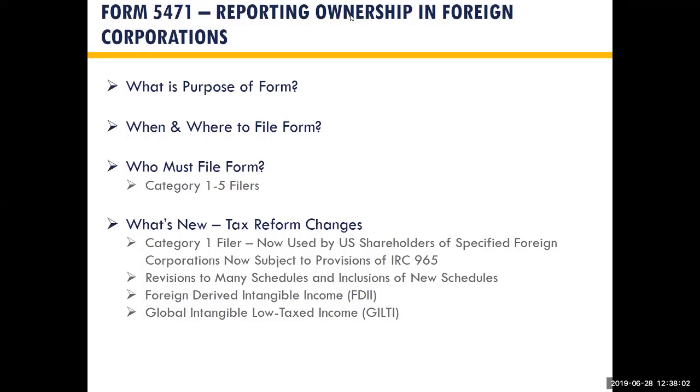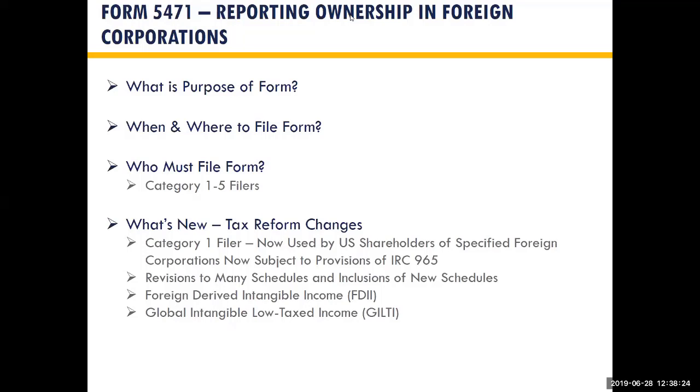A specified foreign corp is a CFC, which you can get a definition of under category 5, or any foreign corp in which one or more domestic corps is a U.S. shareholder. So we'll talk a little bit about that in just a minute.